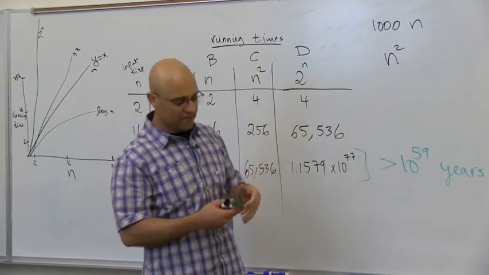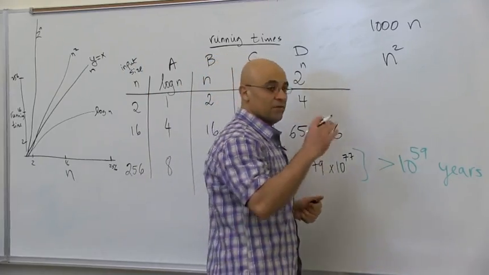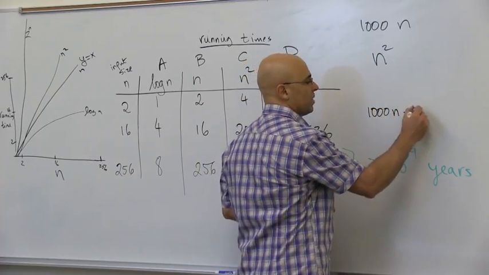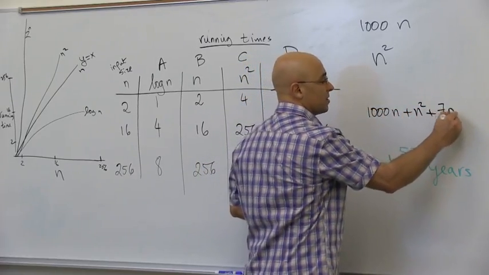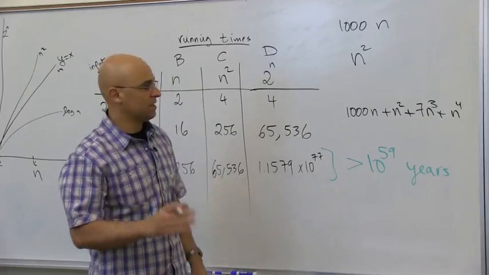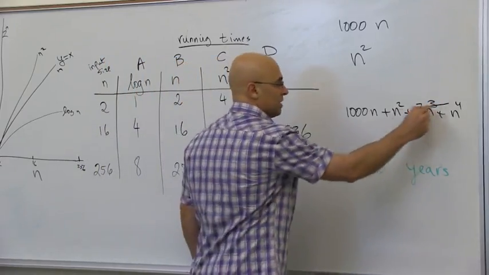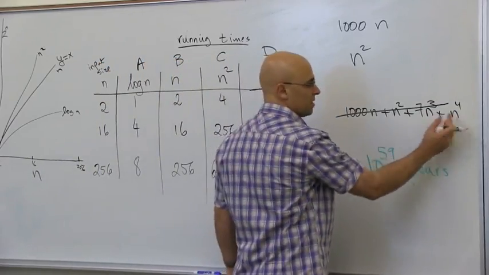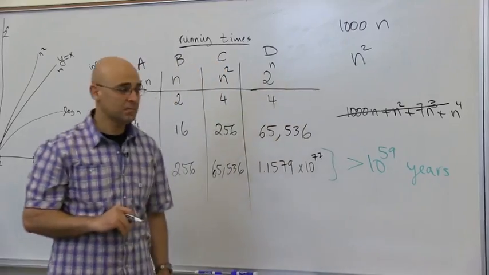So if I have a running time of an algorithm that is, let's say, 1000n plus n squared plus 7n cubed plus n to the 4th, I can simply say that this algorithm is going to be dominated by n to the 4th. This is what we mean by focusing on dominating terms and ignoring lower order terms.